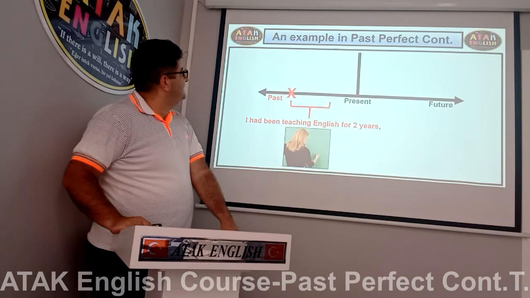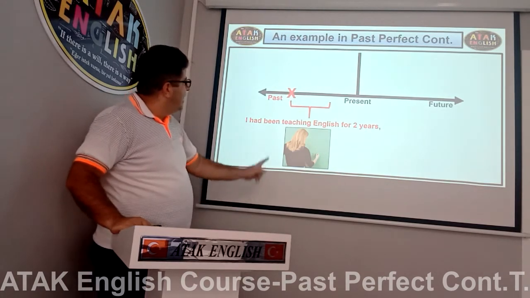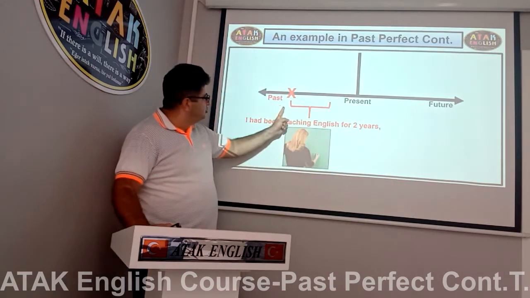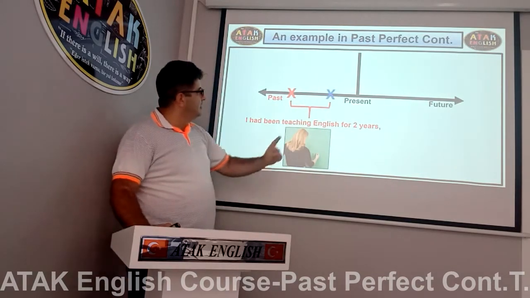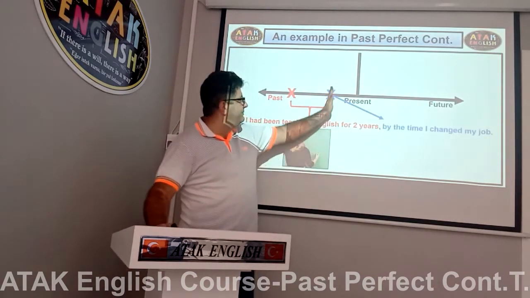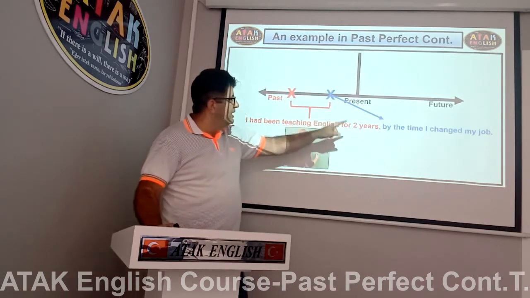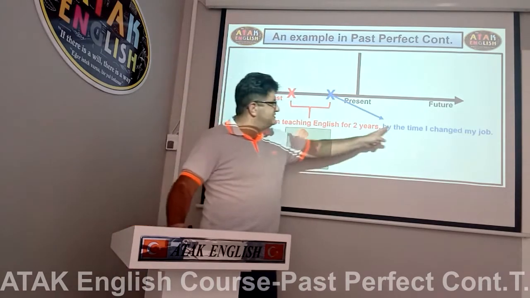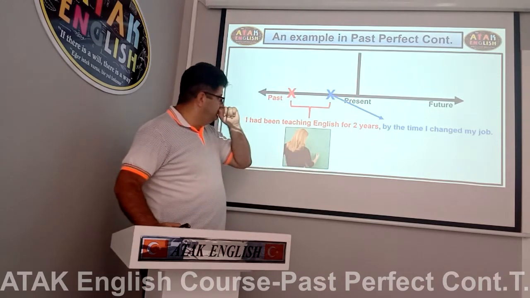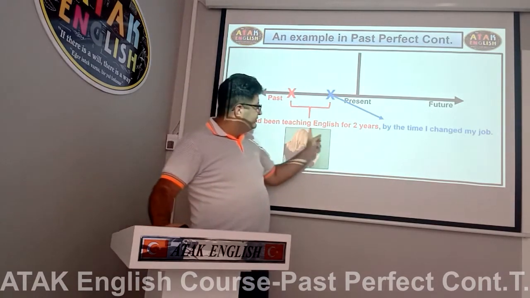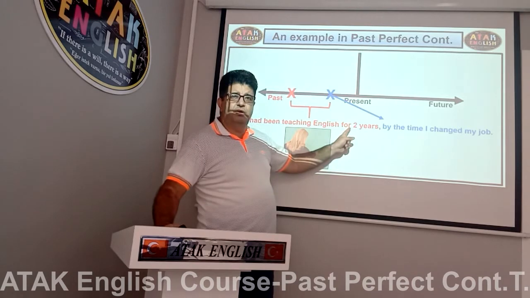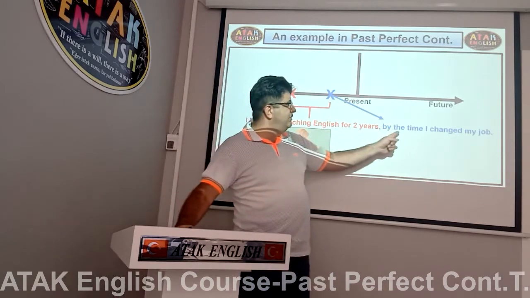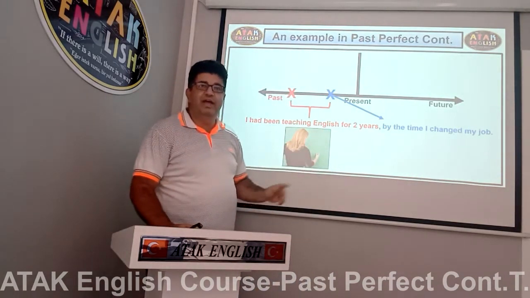Okay, let's see an example in the past perfect continuous. I had been teaching English for 2 years by the time I changed my job. I colored this sentence in 2 different colors because this is the first action, or more past action, in the red highlighted part, and the blue highlighted part comes after.